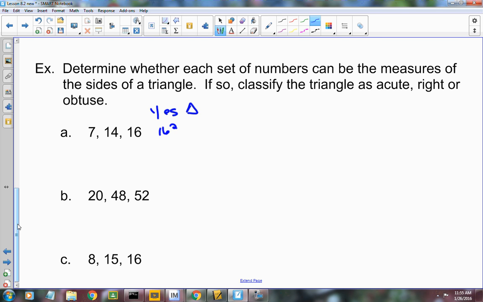So 16 squared, and then 7 squared plus 14 squared. Now, 16 squared is 256, 7 squared is 49, and 14 squared is 196. So 49 plus 196 is 245.